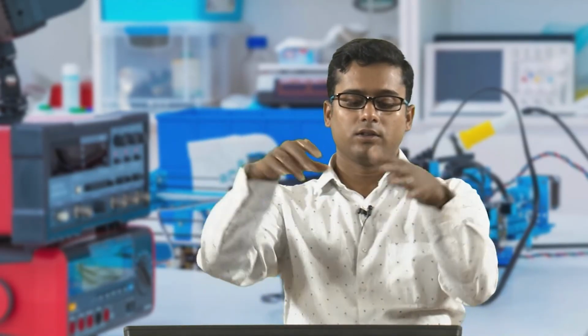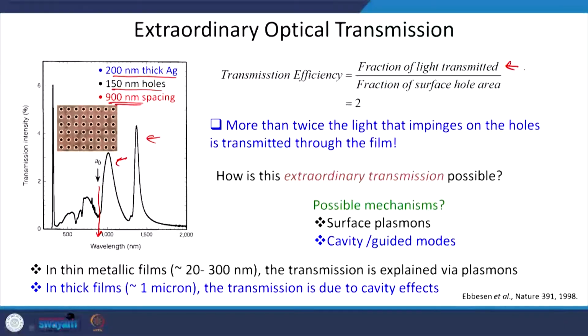So, suppose you take a plate where you have 20 holes or so. You have a small fraction of light which is falling on these holes, but what he measured is that the fraction of light which gets transmitted through this structure, compared to the fraction of the surface hole area, was twice.